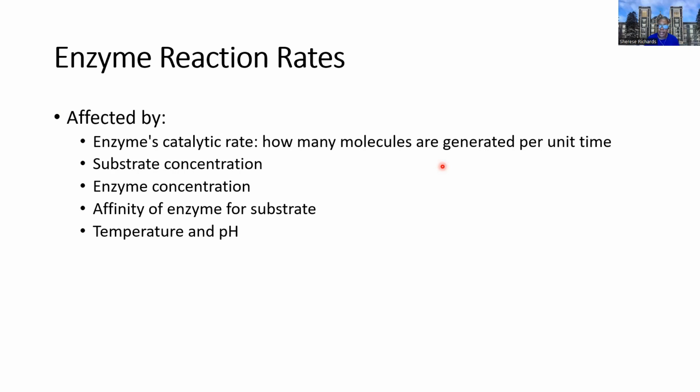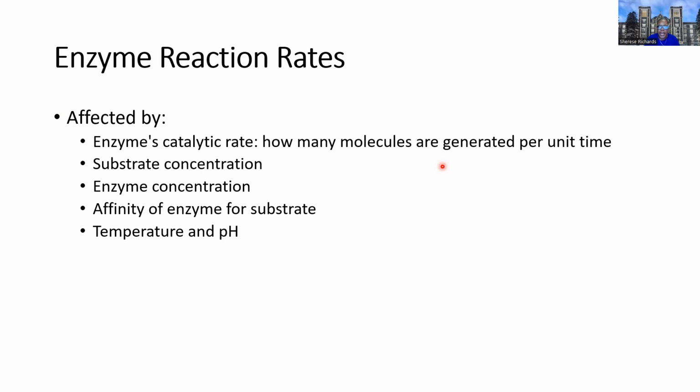How much substrate is available for the reaction to proceed will certainly determine the rate. The enzyme concentration, similarly, how much enzyme exists. Fourth is the affinity of the enzyme for the substrate, whether there's a strong affinity or attraction versus a repelling between the enzyme and its substrate.